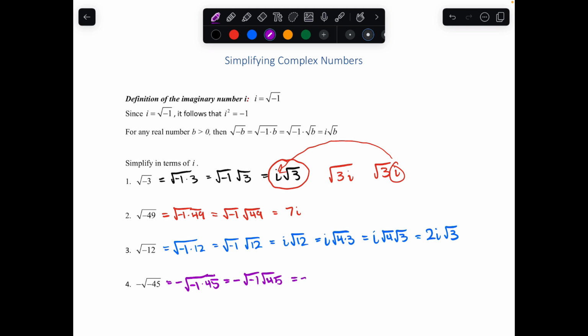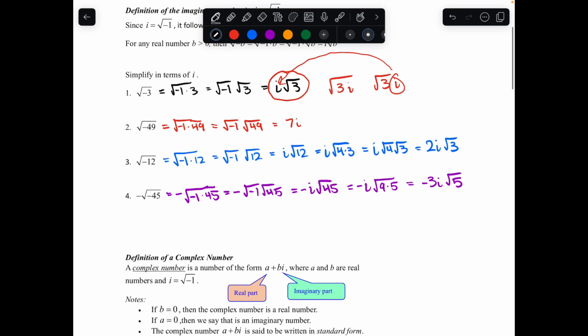So this is negative i square root 45. However, we can break 45 down into a perfect square times something. So we can break this down into 9 times 5. So this is going to be negative i times the square root of 9 times 5. The square root of 9 is going to be 3. So this will be negative 3i times the square root of 5.